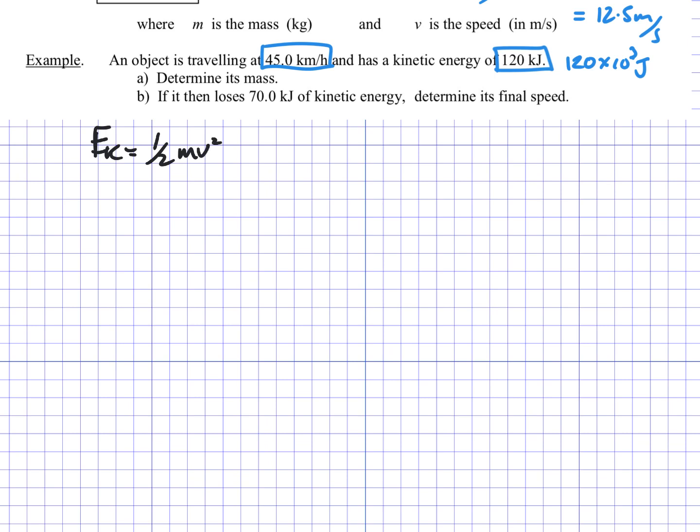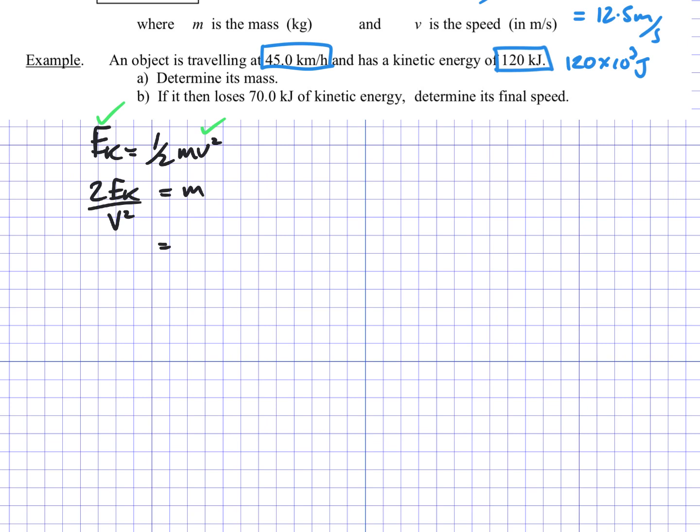Now I know the energy, so tick, and I know the speed, tick. So I just have to rearrange this to solve for the mass. So I'm going to go 2 times EK divided by, oops, not the mass, divided by the velocity, or the speed, squared. And that's going to give me the mass.